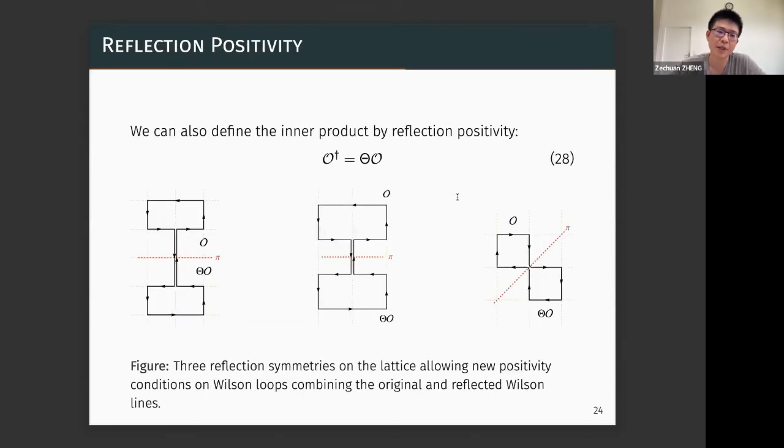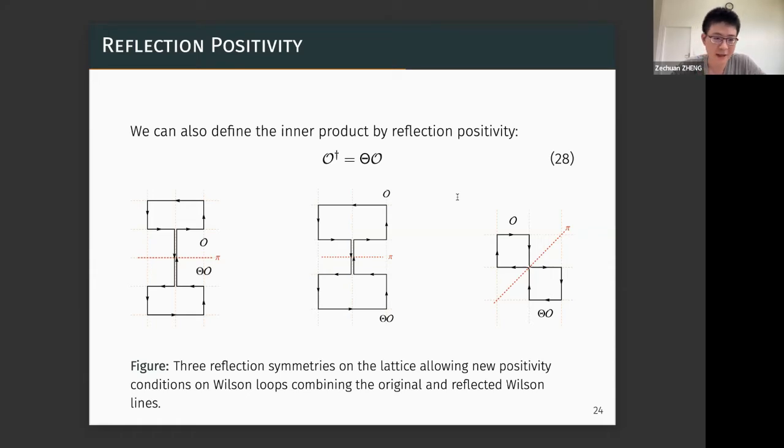Here is a new positivity condition. It is the reflection positivity, actually. We can not only get a guaranteed positive quantity by taking the Hermitian conjugation, but we can also get a guaranteed positive Wilson loop by the space-time reflection shown by these 3 figures.